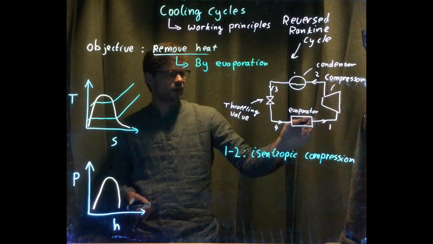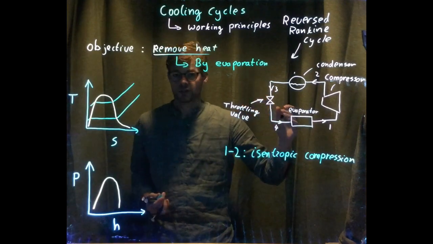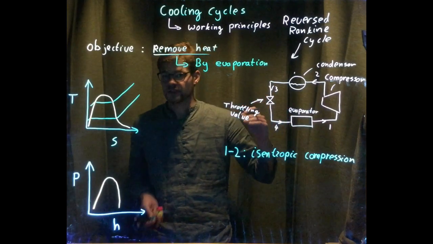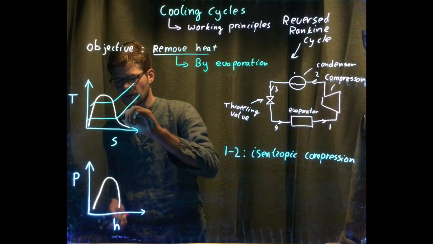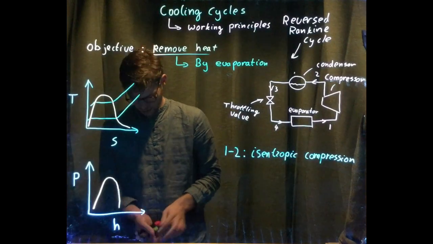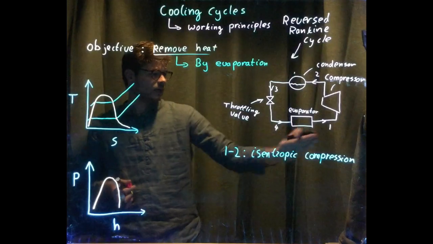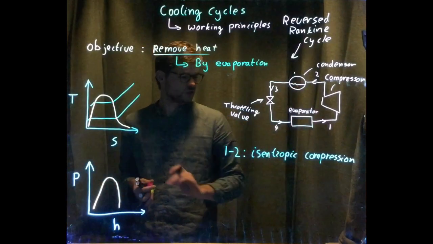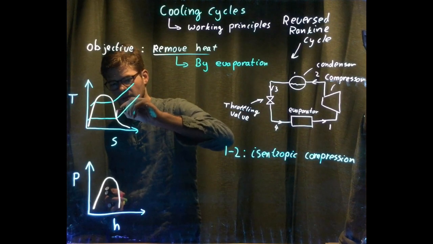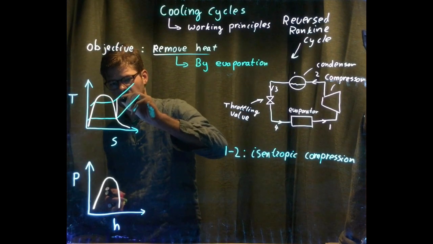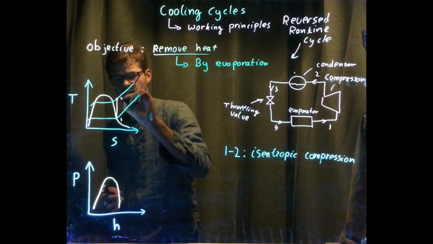So in the evaporator we made a mixture, or even in some cases a saturated vapor, but now we're going to assume that we just have a vapor. So over here we can choose more color, better visibility. So stage 1 over here, and we're going to stage 2, isentropic, straight to the top. So this is stage 1, stage 2.